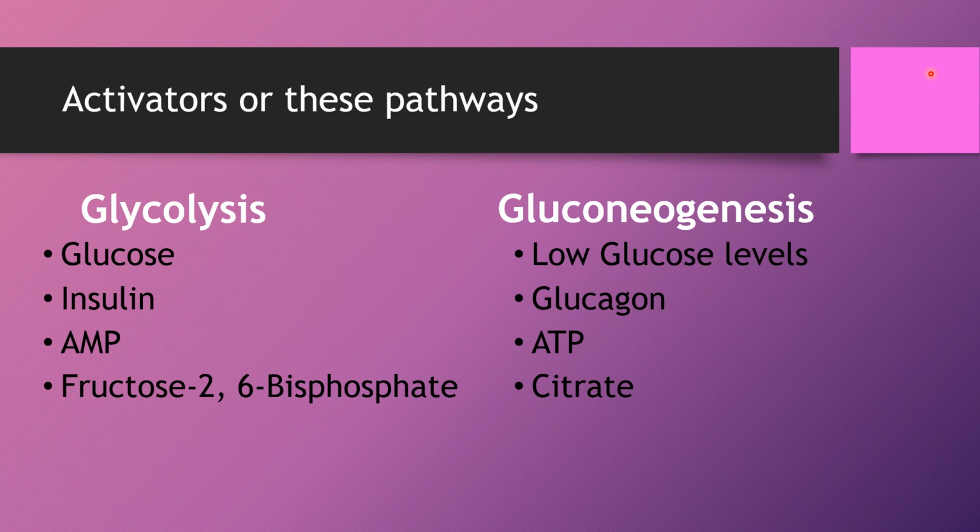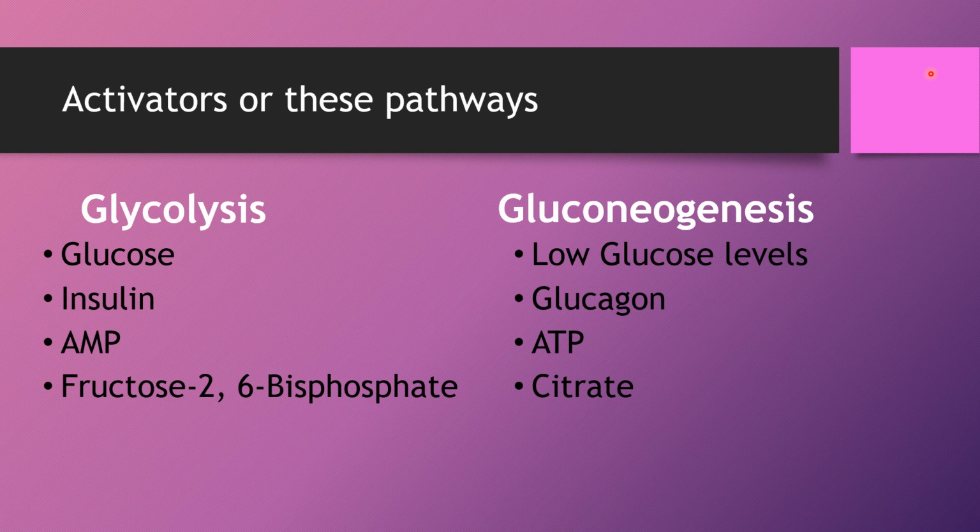So gluconeogenesis gets to work, and glucagon, like insulin, is a hormone, but it's produced by the alpha cells in the pancreas compared to those beta cells that create the insulin. When the glucose levels are low, there will be more glucagon around.